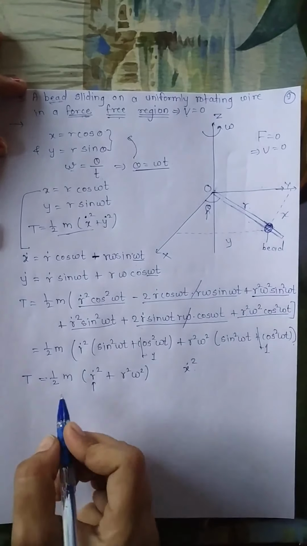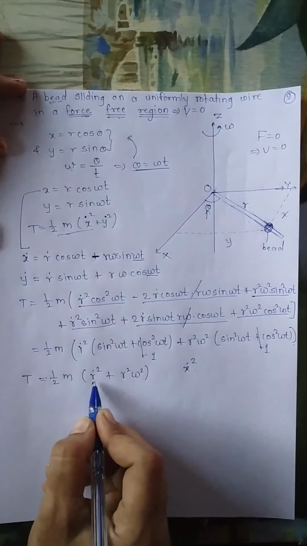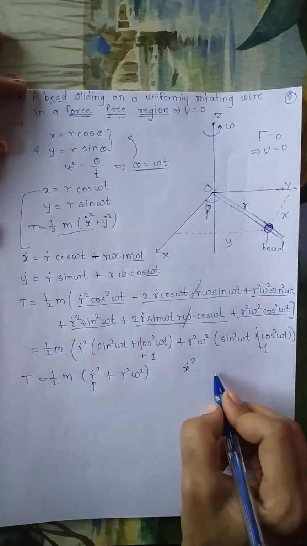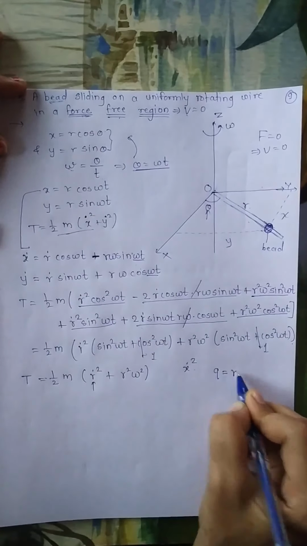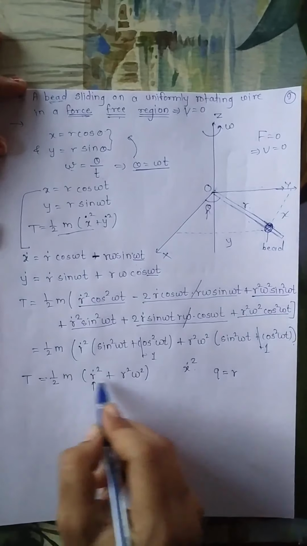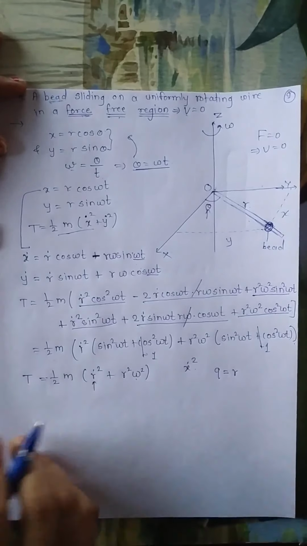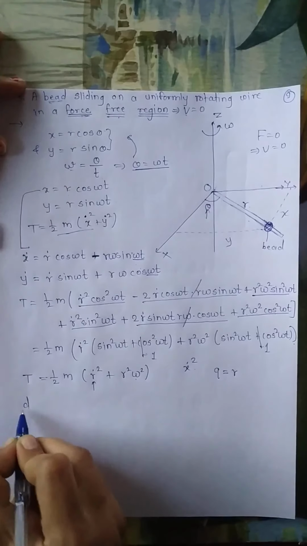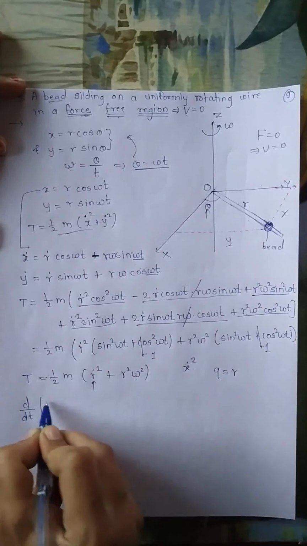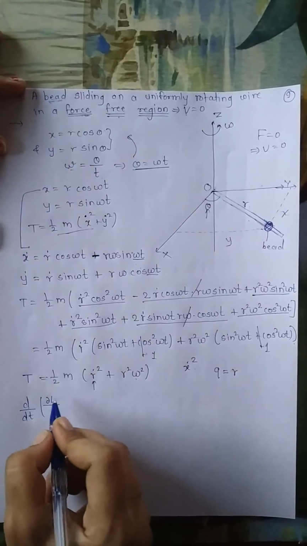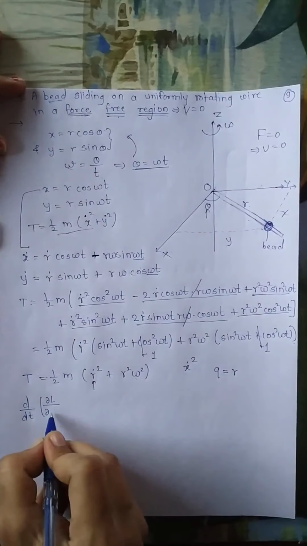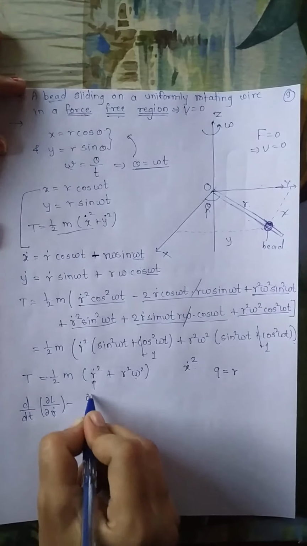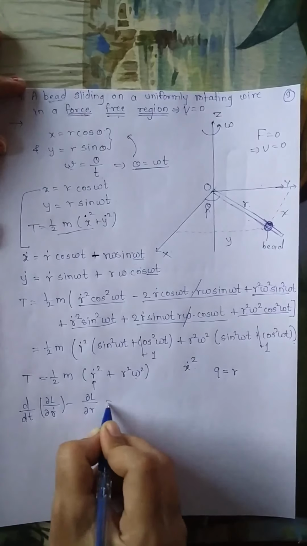So the Lagrangian equation will be, since the only generalized coordinate is r, because omega is constant. According to Lagrange's equation of motion, d by dt of dou L upon dou r dot minus dou L upon dou r equals 0.